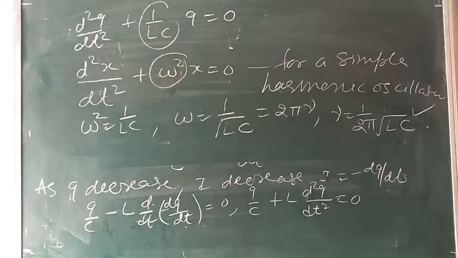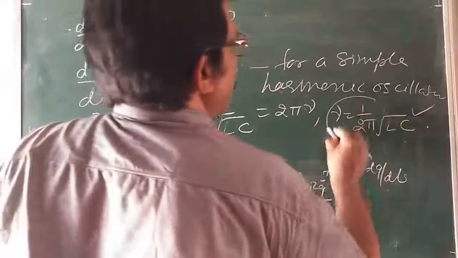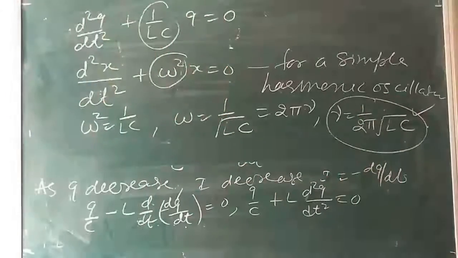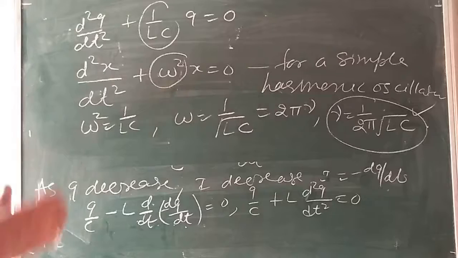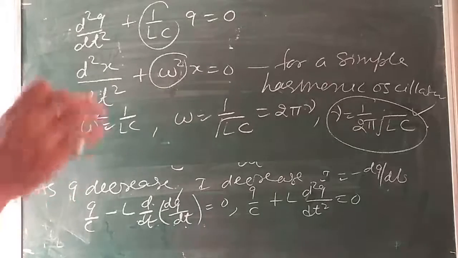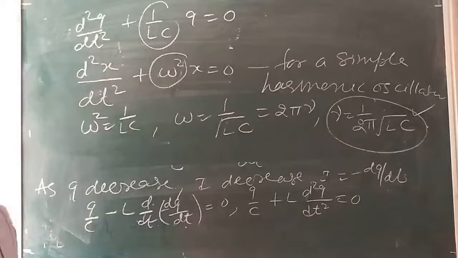This is all about this. Write down: the frequency of the oscillation is given by 1 upon 2 pi under root of LC. So is that clear, children? This is called LC oscillations.